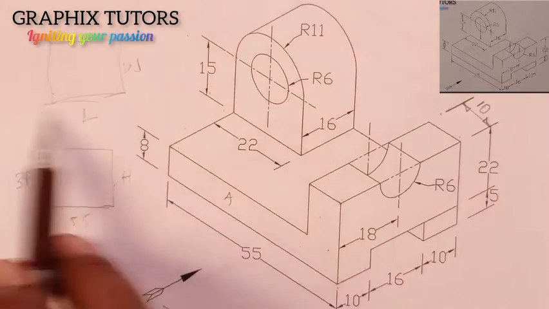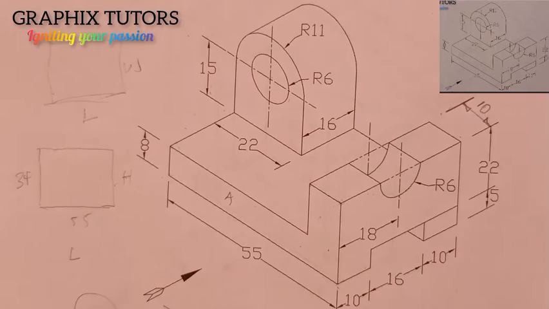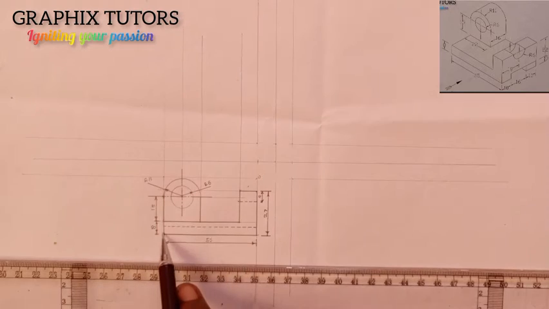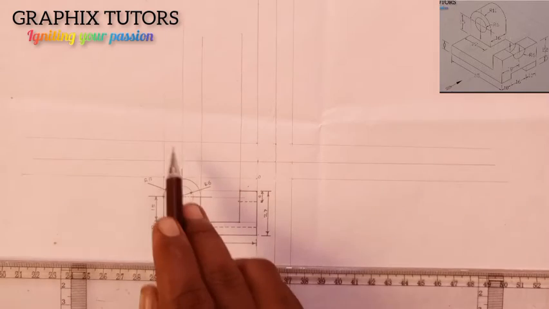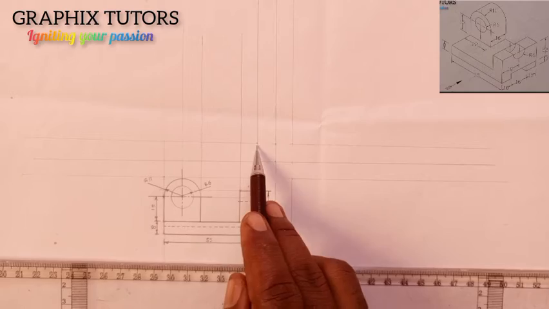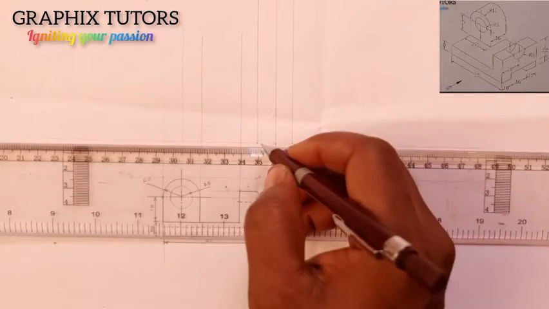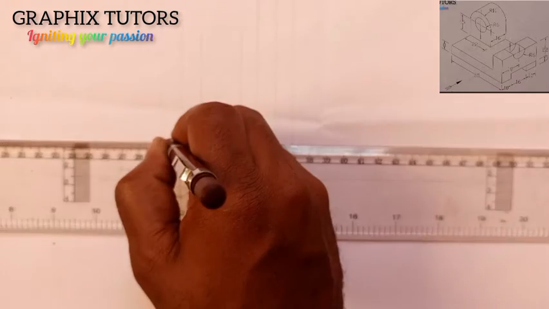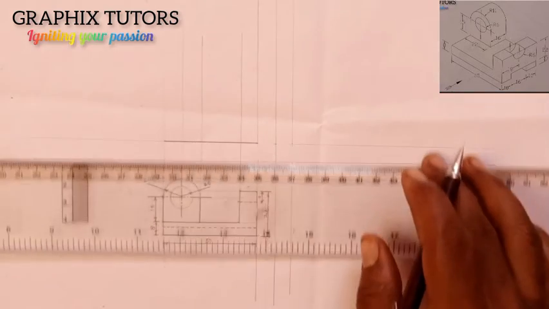I already have the length already, which is this line, from here to here, because from here to here is the length. So automatically from here to this point is the length. So I'll just thicken it. I'll thicken from this point straight to this point here. You can see that.